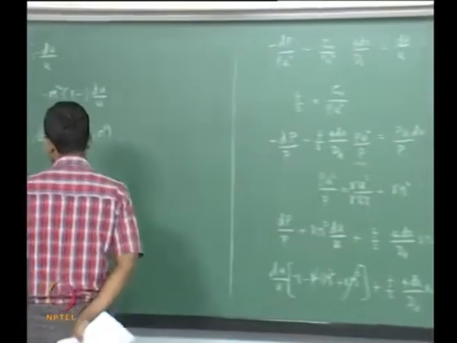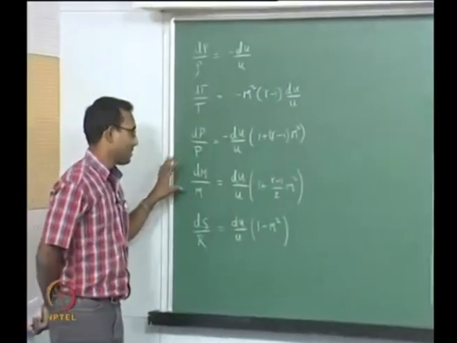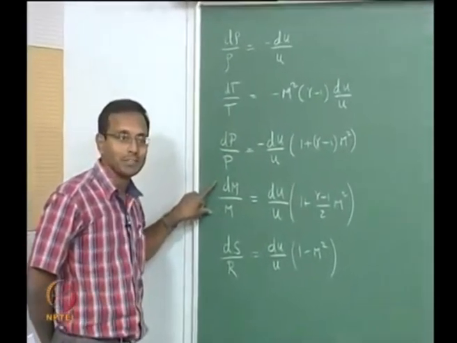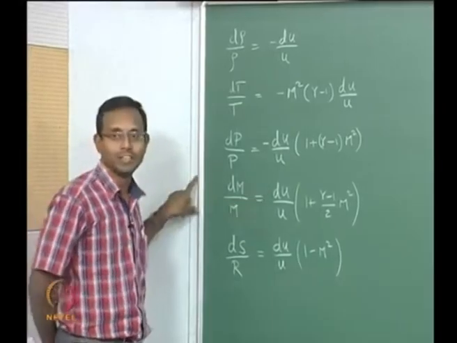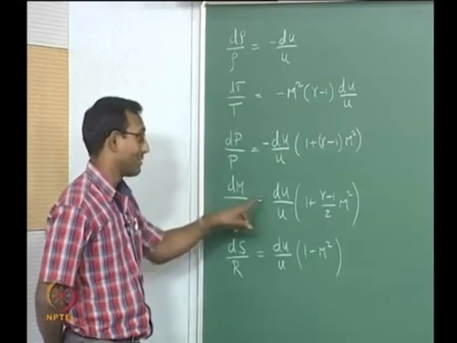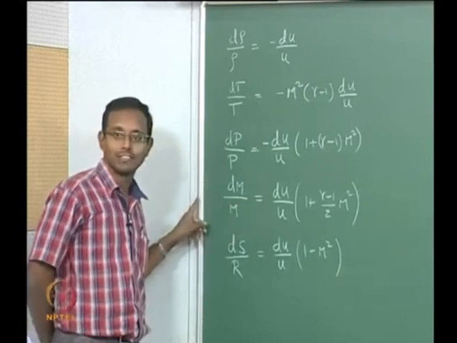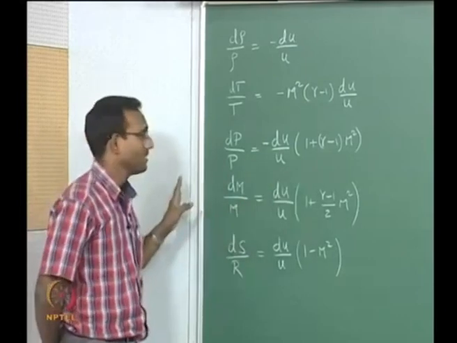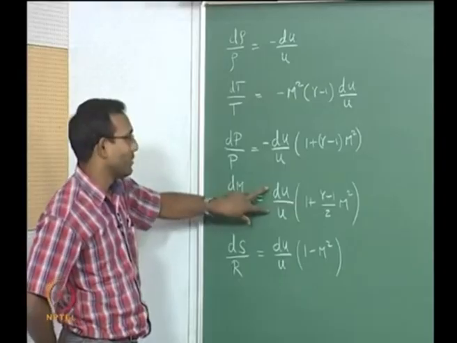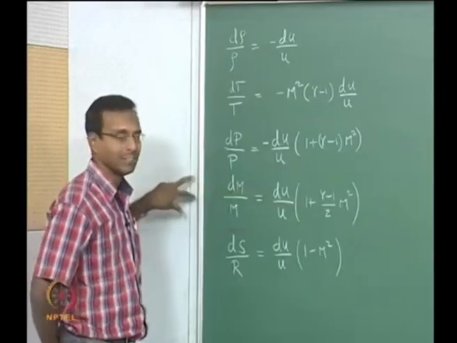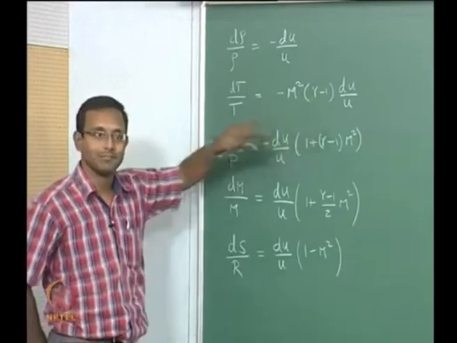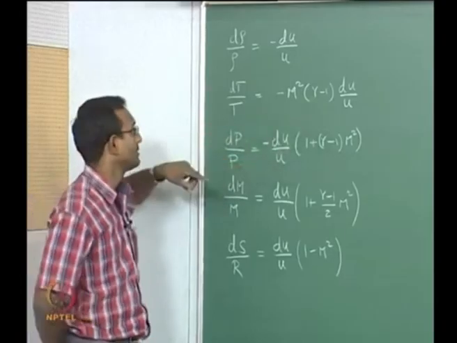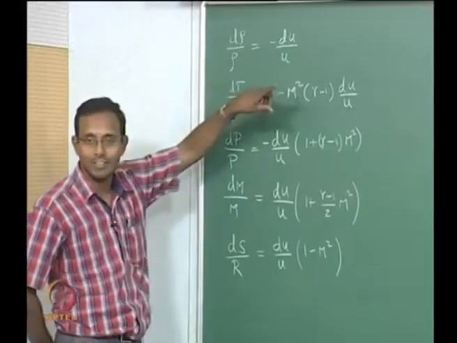Let us say I will pick this equation here, I can replace this dM by M in terms of dx, then I will get dU by U in terms of dx. Then I can get velocity as a function of x if I integrate that equation. Similarly, I can put that dU by U in terms of x into this, I will get pressure variation, dP by P in terms of dx. Similarly, dT by T in terms of dx.